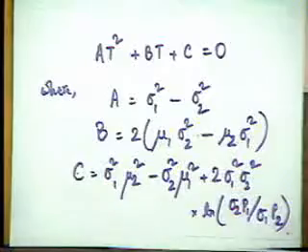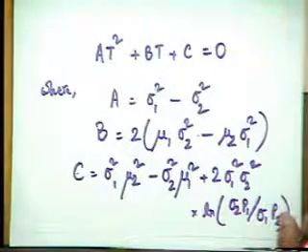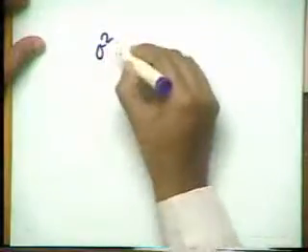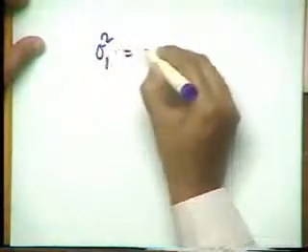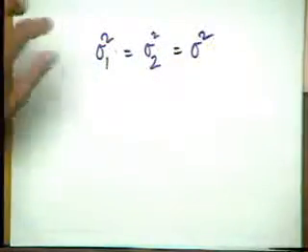Yes. You simply see over here, if I have sigma square 1 and sigma square 2 equal, if the variances are equal, then it no longer remains a quadratic equation, it leads to a single equation. So if the variances are equal, we can take sigma square 1 equal to sigma square 2, call it sigma square only.